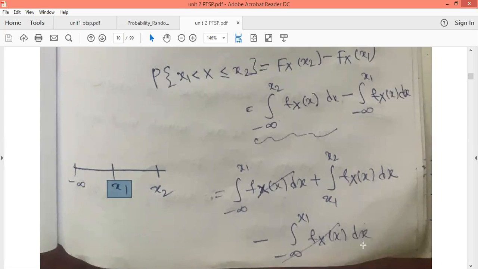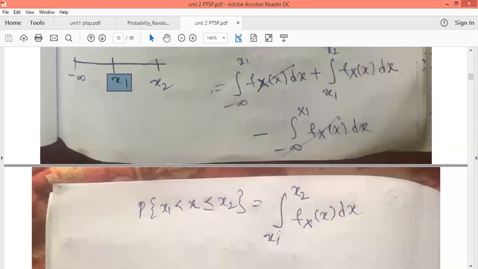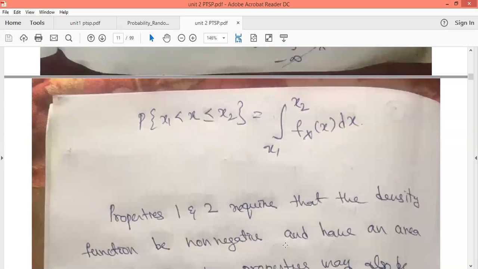So in this, these two will be same with the opposite sign, these two will get cancelled. So what will be left with? We are left with the integral from x1 to x2 of fX(x) dx. So if you want to find the probability between x1 and x2, the probability of x1 less than X less than or equal to x2 will be equal to the integral from x1 to x2 of fX(x) dx.